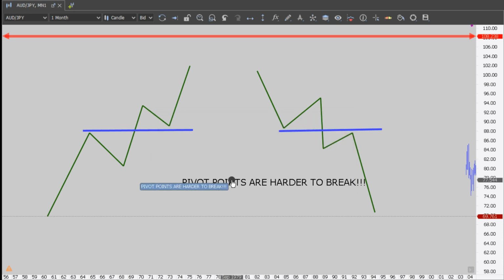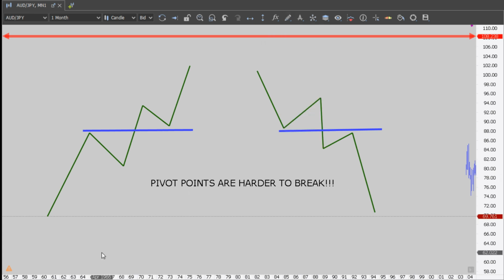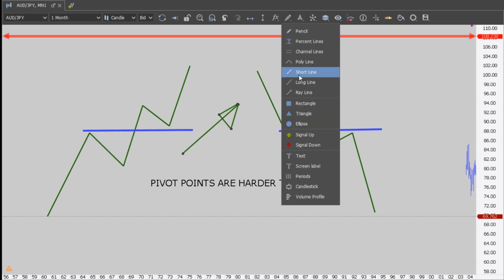When you compare when and how the market is going to break past resistance or past support, it doesn't matter, right?